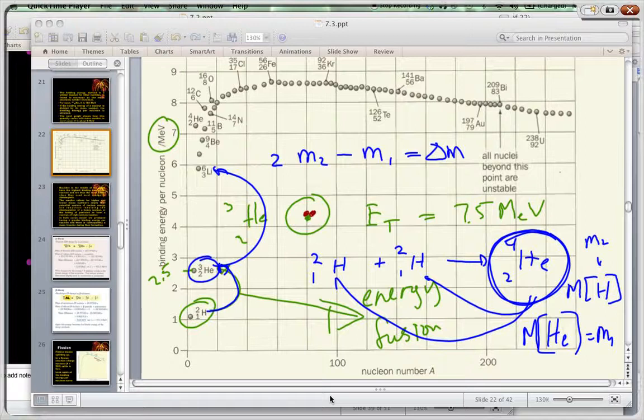So when stars get enough gravity, the force of gravity becomes large enough, especially with really massive stars, they can actually cause that to happen, and you get these massive amounts of energy.